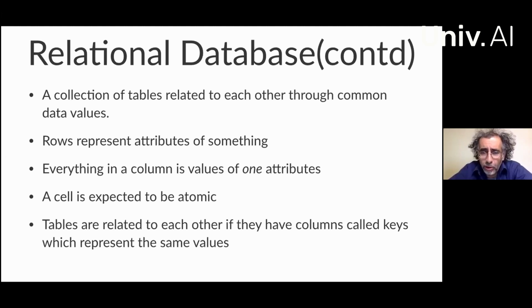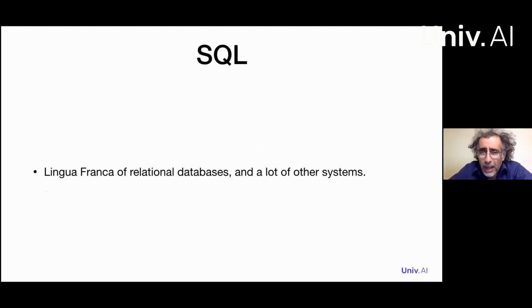You're not throwing lists into cells, just like you're not wanting to throw lists into cells of an Excel spreadsheet. And tables are related to each other if they have columns called keys, which represent the same values. This was the customer ID we were talking about, or the candidate ID we were talking about in the contributors table. And so SQL, it's this lingua franca of relational databases and a lot of other systems.